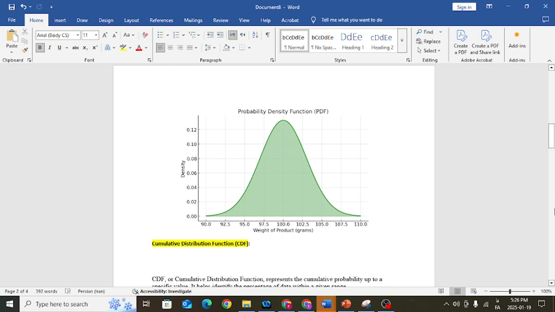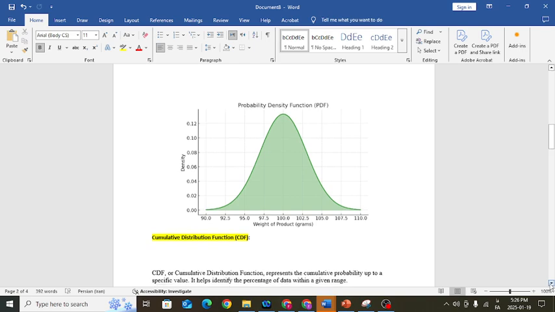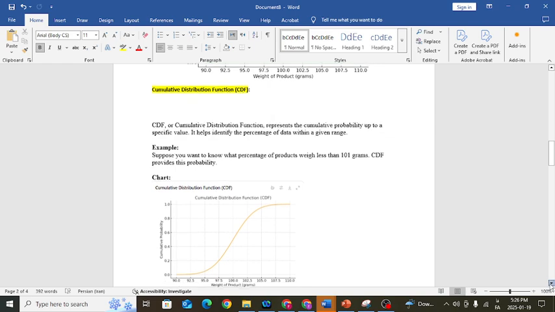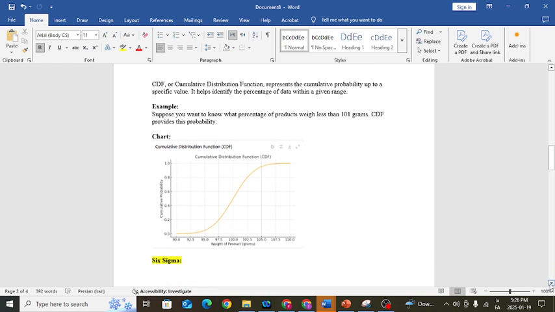So one more thing I want to say is about the cumulative distribution function. This is new for this session, because in the previous session we just talked about the PDF and PMF, but the CDF is new, and today we are going to talk about it more. The CDF, or cumulative distribution function, represents the cumulative probability up to a specific value.